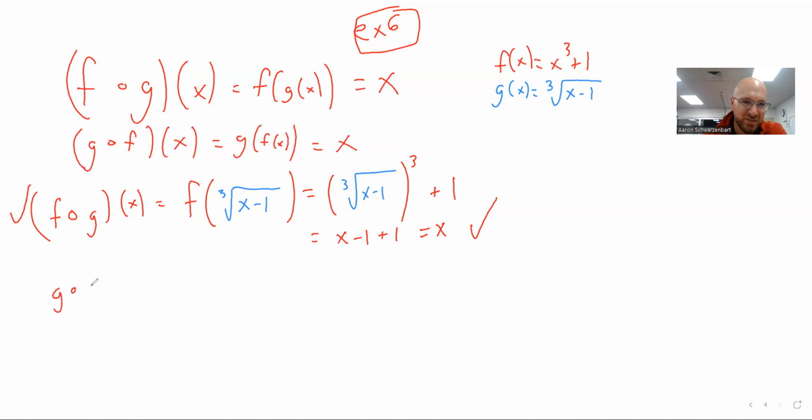Now we've got to do g of f of x. I have to do both ways. Usually, if one way works, the other way works, but not 100% of the time. So I have to check them both. G of f of x, going in is x cubed plus 1.